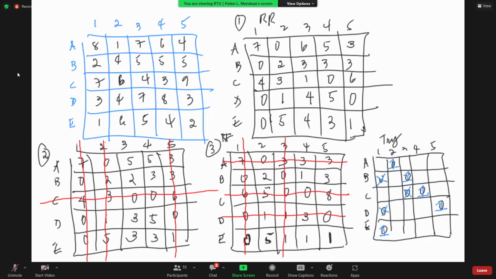So, ibig sabihin, nakagawa ka na ng assignment. So, isusulat mo lang, assignment. So, A, B, C, D, E. So, si A kay 2, si B kay 3, si C kay 4, si D kay 5, si E kay 1.